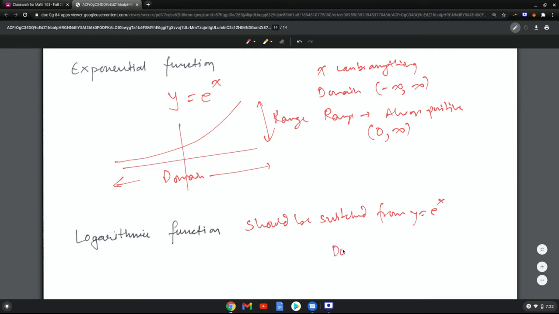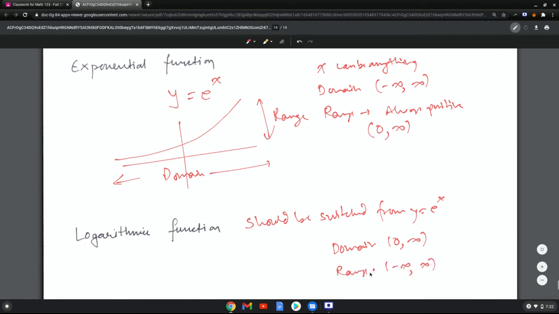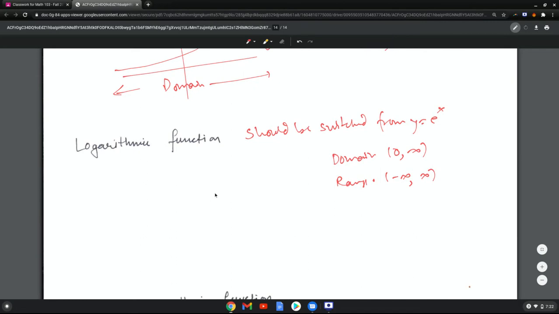This means that the domain has to be positive and the range is everything. Again, this is clear from the graph because if you look at the graph of the logarithmic function, that's the domain and it's only the positive numbers not including 0, and the y values are the range, which is everything.